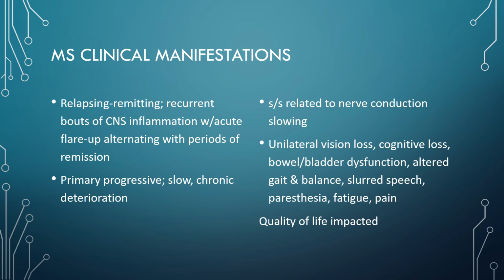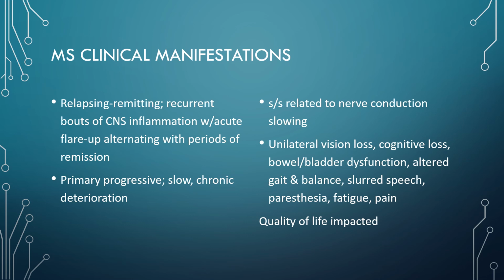These patients can have cognitive loss or cognitive slowing, bowel and bladder dysfunction, and then movement, trouble with gait, feeling like your legs don't work, slurred speech, paresthesia, which is like a numbness and tingling in your periphery. So like numbness, tingling in your fingers and toes, and then very, very extreme fatigue and pain.